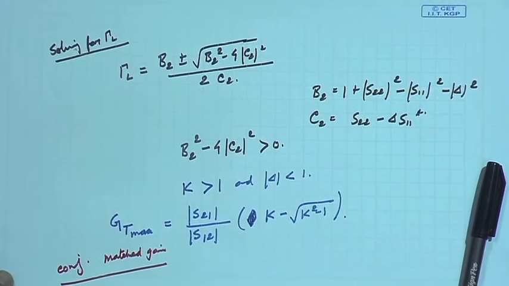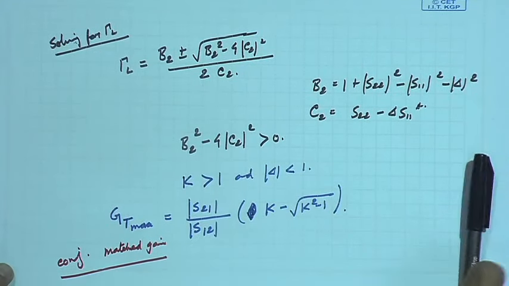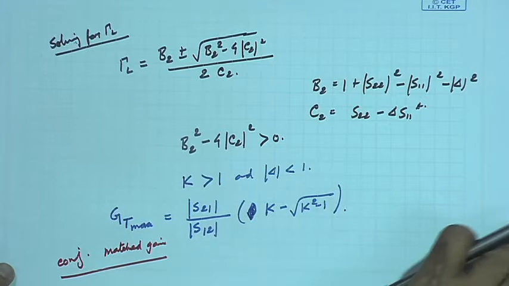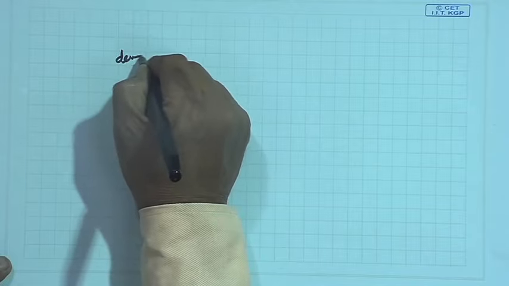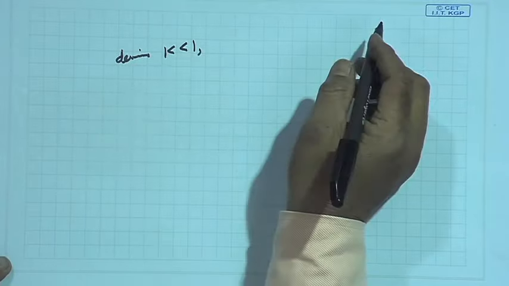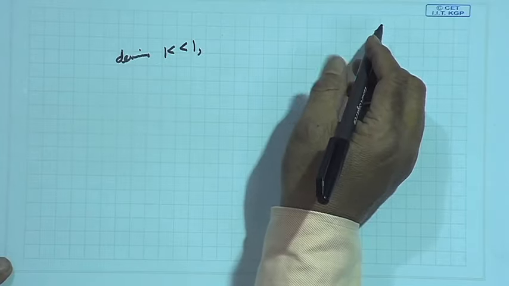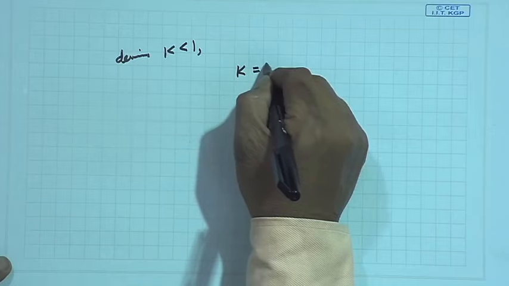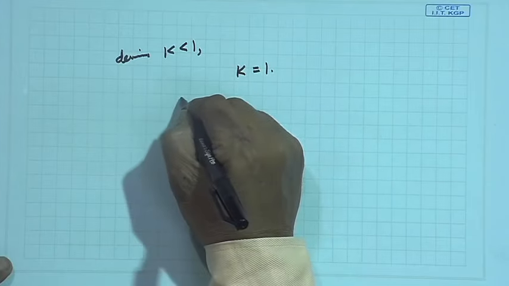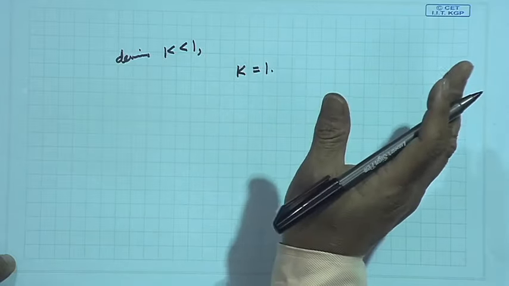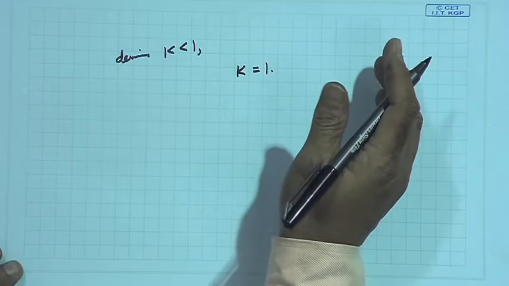Now, if we have devices for whom K is less than 1, then conjugate matching is not possible. But what we can do is enforce K equal to 1, that is the maximum possible transducer gain.